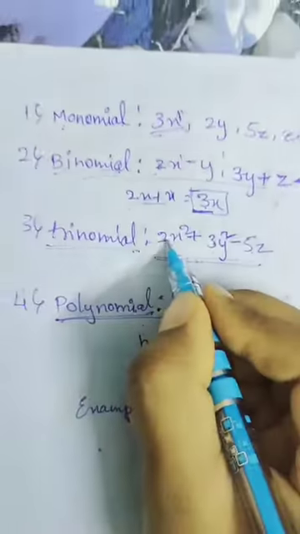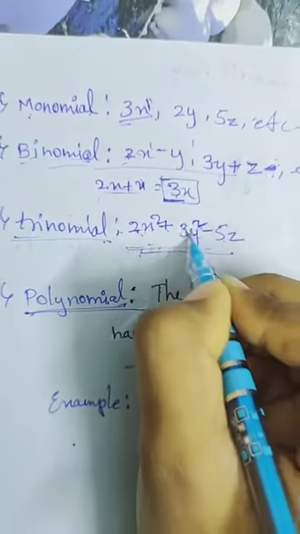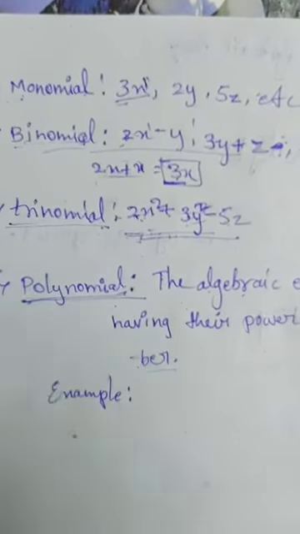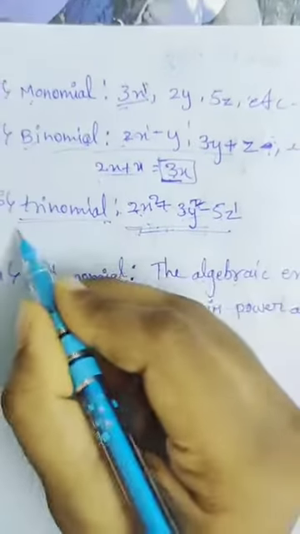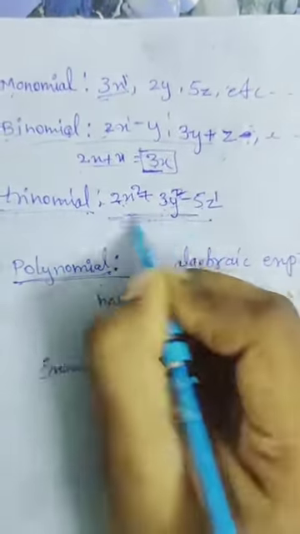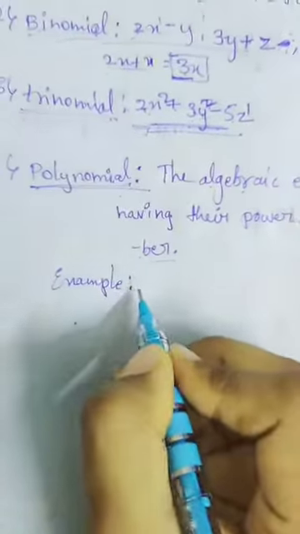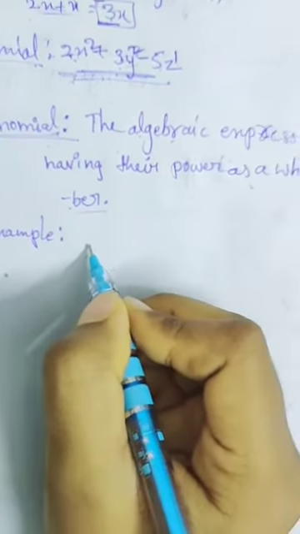These are examples of polynomial. Here 2x square plus 3y square minus 5z. Here the powers are whole numbers. 2 is a whole number and 1 is also a whole number. So the trinomial example is also an example of a polynomial. Let us take another example. Why have we mentioned the power as a whole number?